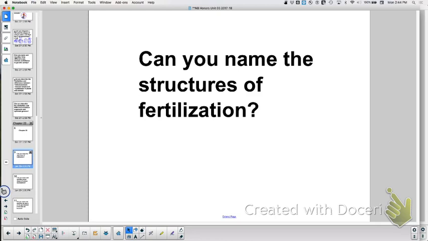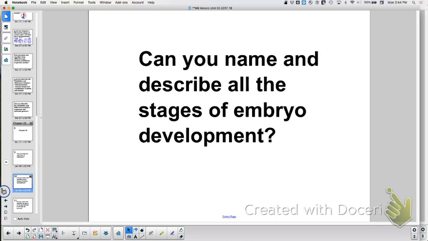So now it says, can you name and describe all the stages of embryo development? Yes. Here comes Mr. Happy Sperm. He's got his acrosome, penetrates the egg, zona pellucida, and you have a diploid zygote. Cleavage, cleavage, cleavage, and you form a solid ball of cells called a morula.